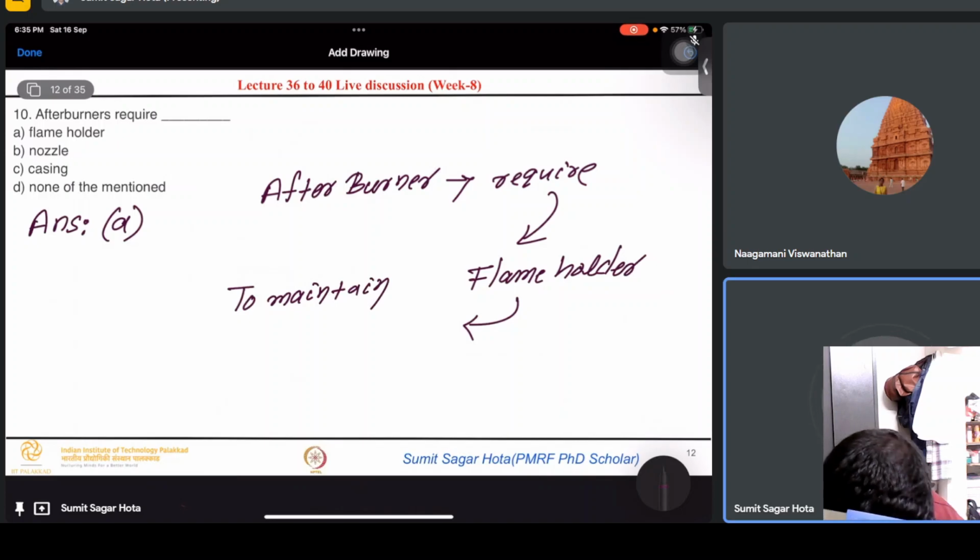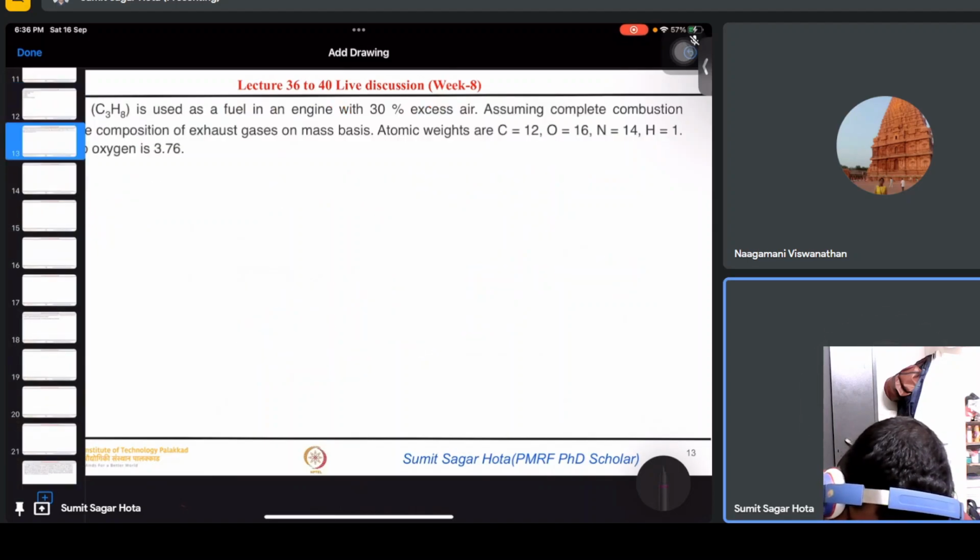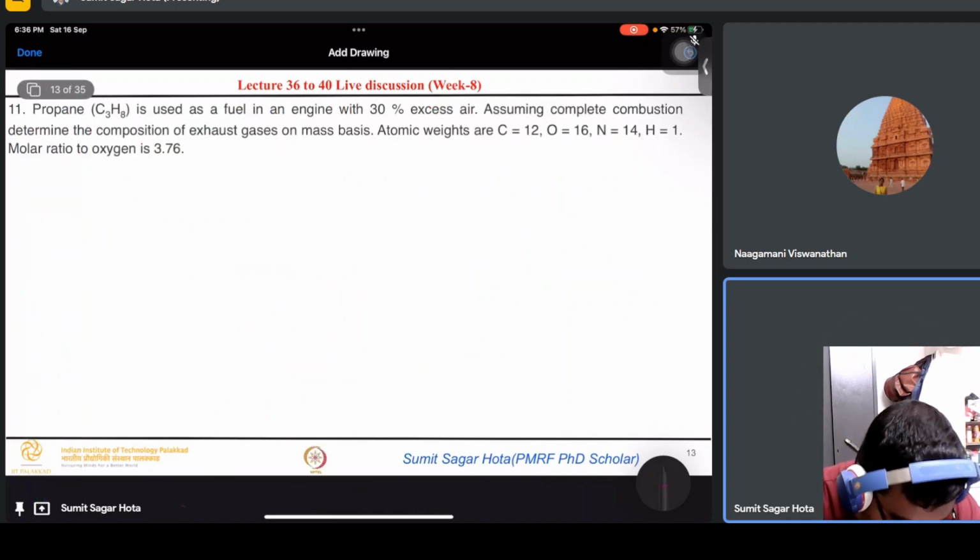To maintain constant velocity of flame. Okay, to maintain constant velocity is there. Okay, next question. Next question is our problem.